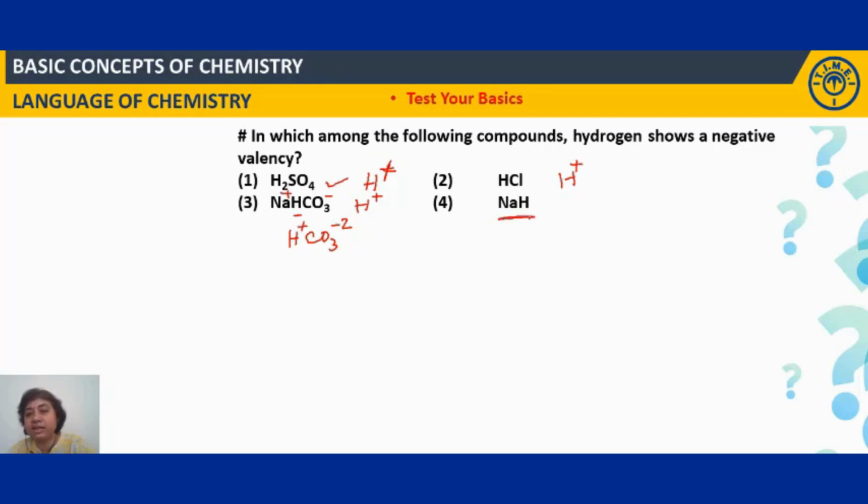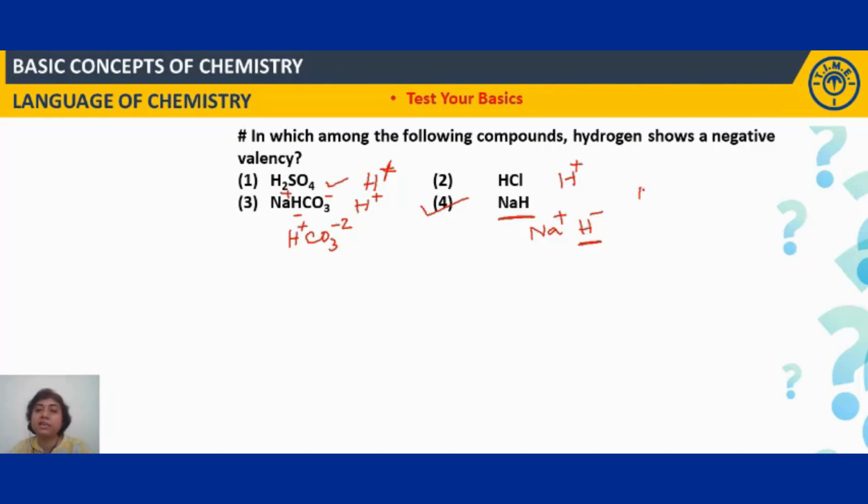Here you see it is starting with sodium. Not only that, sodium is more electropositive than hydrogen, you know already. So sodium should have a positive charge and hydrogen should have a negative charge. So hydrogen shows a negative valency in which option? The fourth option. I told you that I will tell you one exception. Before that, what I told is that generally the compounds start with the positive radical first, then the negative radical.